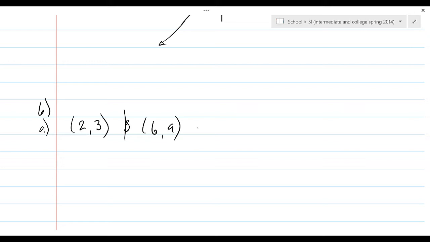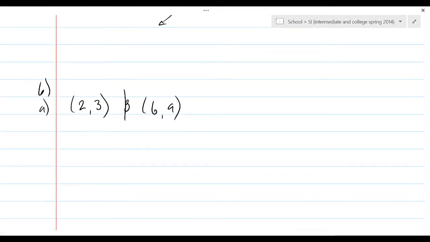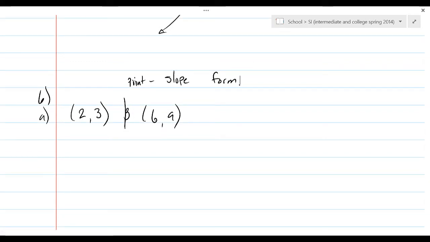To write the equation, I think I need to find... Well, what's a formula that will let me write an equation for a line? I only know of one. It's called the slope... No, point slope form. Point slope form. So this is a key for these kinds of questions. Write the equation of a line that satisfies the given conditions. And the equation for that is y minus y1 equals m times x minus x1.